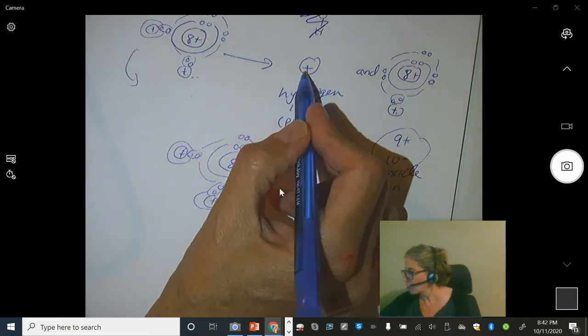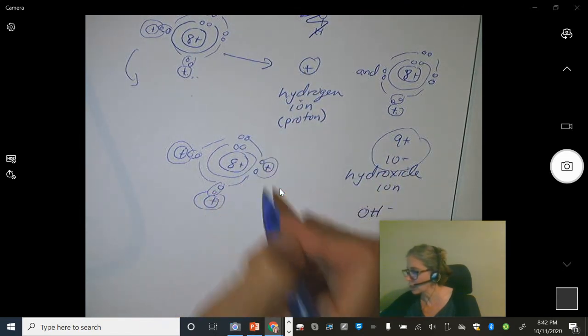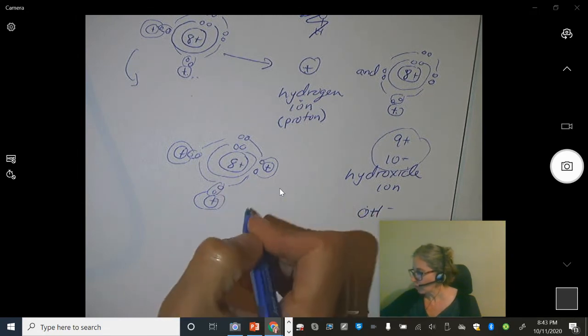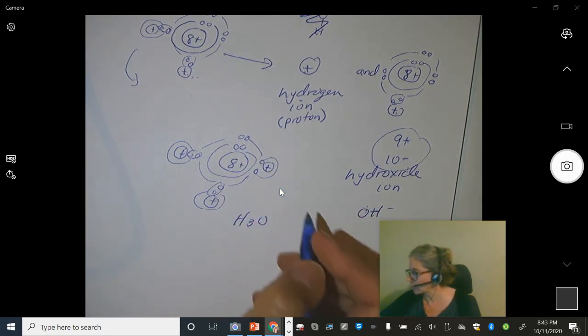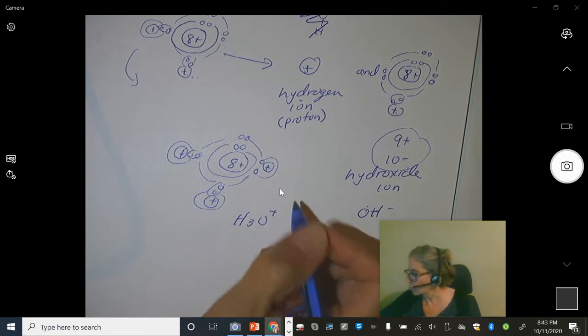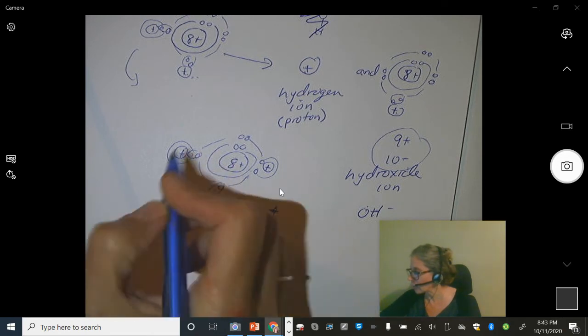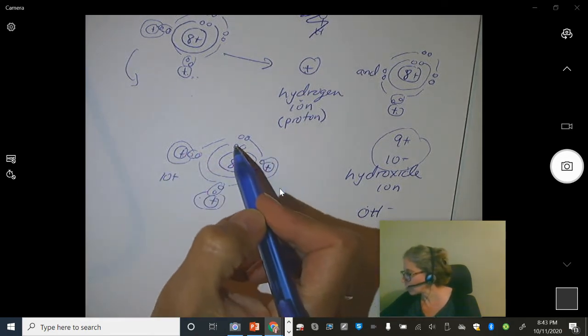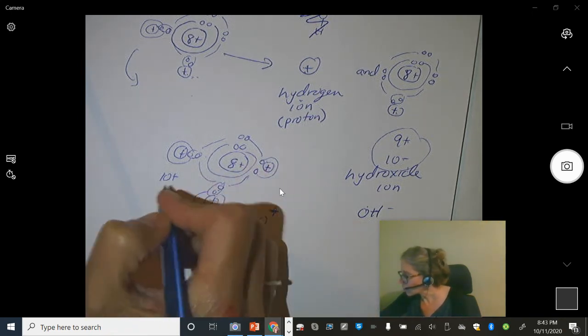But if this proton comes over here and says, "Come on, let me share too," then what you have is H3O, and you've got an extra proton on it, right? Before it had been neutral, but now it has 8, 9, 10 protons, but it's got 1, 2, 3, 4, 5, 6, 7, 8, 9, 10 electrons.